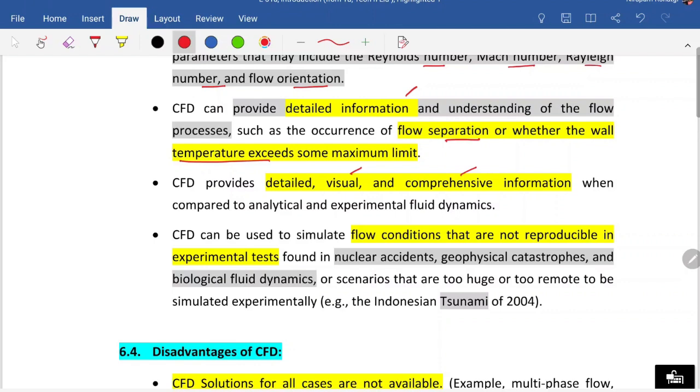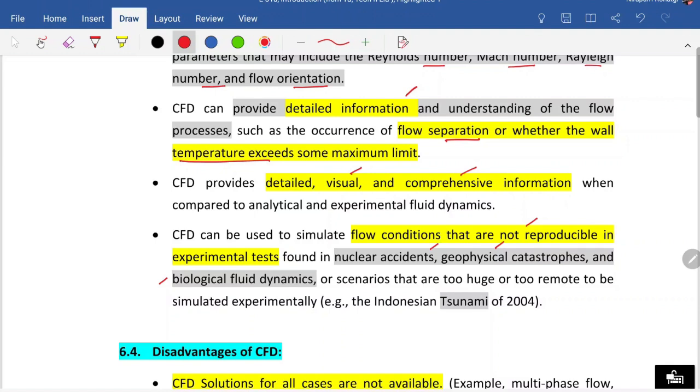Then there are things where the flow conditions are not reproducible, like we have talked about nuclear accident, geophysical catastrophe and biological fluid dynamics. You want to study how the blood flows in a human body, how will you do the experiment?